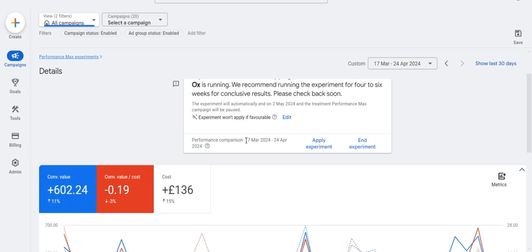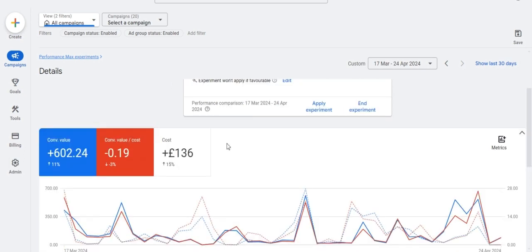The experiment started on the 17th of March, when I started the Performance Max running side by side with the standard shopping campaign, and it has been going on till the 24th. Today is the 25th when I'm recording this video. So without further ado, let's get into it.